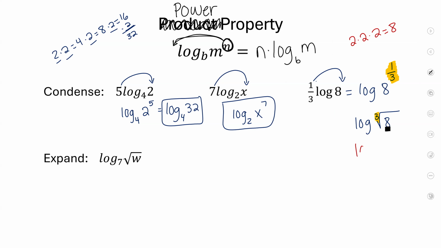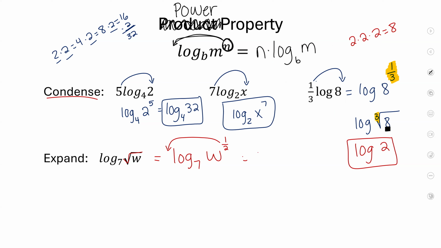So this is log 2. So that was condensing. Now we're going to expand using the power rule. Remember, this can be written as w to the power of a half. Remember, square roots can be written with an exponent of 1/2. Using the power rule, this can come to the front. So this will be 1/2 log base 7 of w.